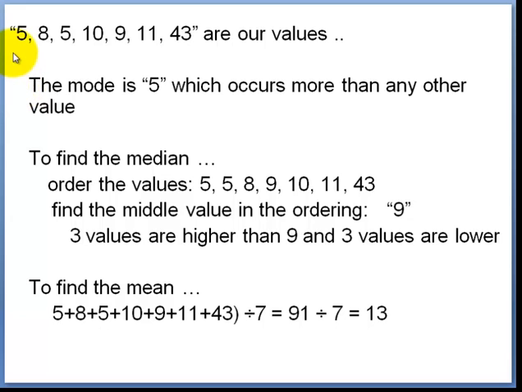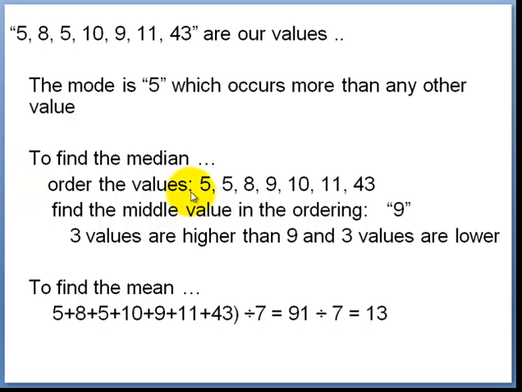Let's look at 7 values: 5, 8, 5, 10, 9, 11, and 43. The mode is 5 because that value occurs more than does any other value. To find the median, one needs to order values from low to high.